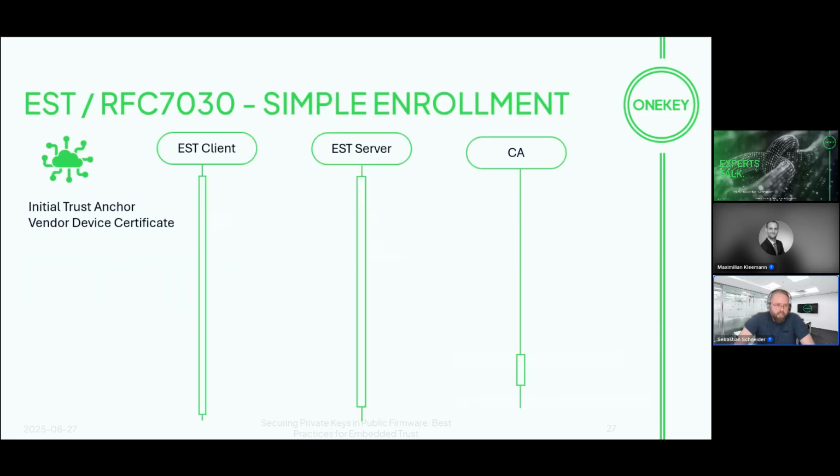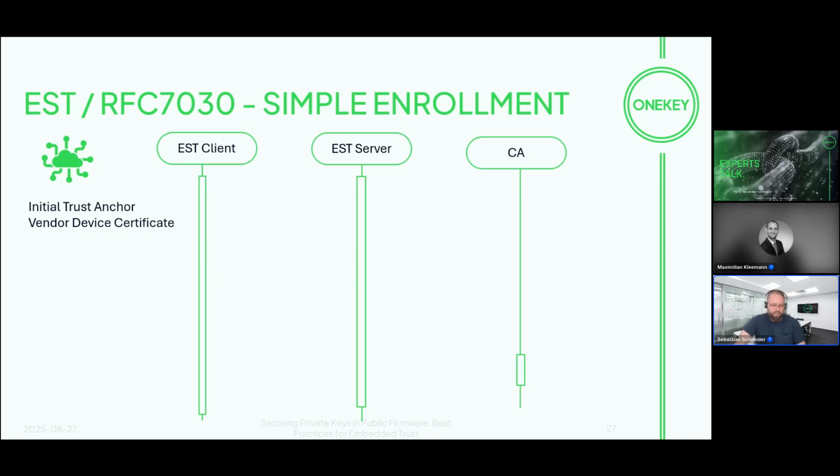On the left side, we have an IoT or OT device, which has a factory installed trust anchor and a vendor device certificate. It is also running the EST client, and the EST server and the certificate authority are running in the customer's or asset owner's network.